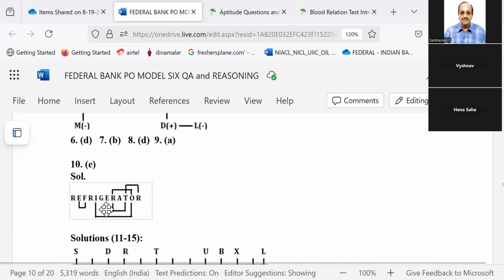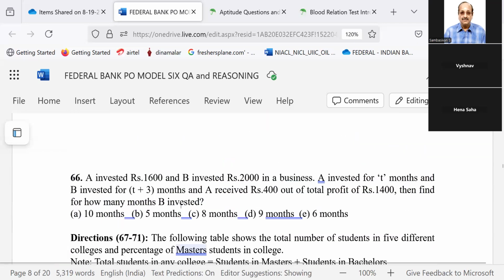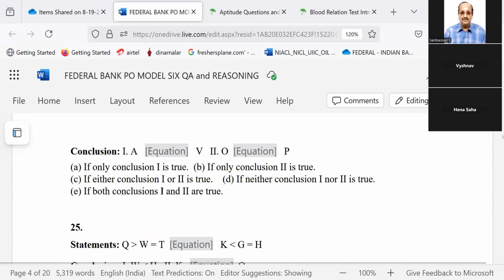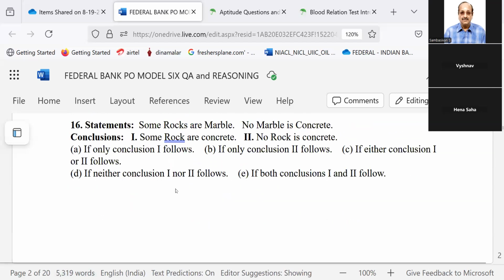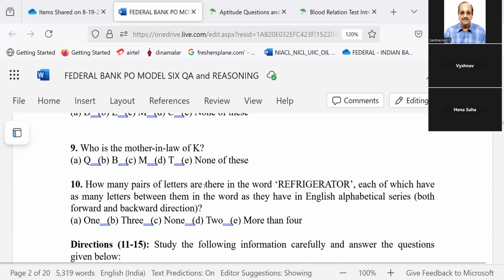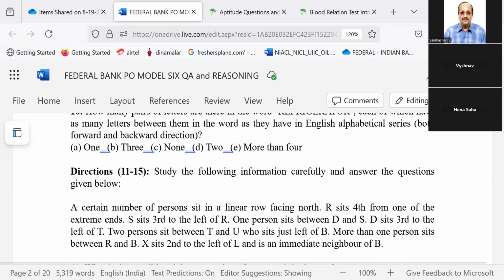EF, IO, RO, RT, RT. 2 types of RT. Okay, that's right. So this is how you have to do this problem. See, the only thing is we should not jump to conclusion and decide immediately only 2 or 3 like that. So if you want, we can do this problem also. Number 11 to 15. Please do.